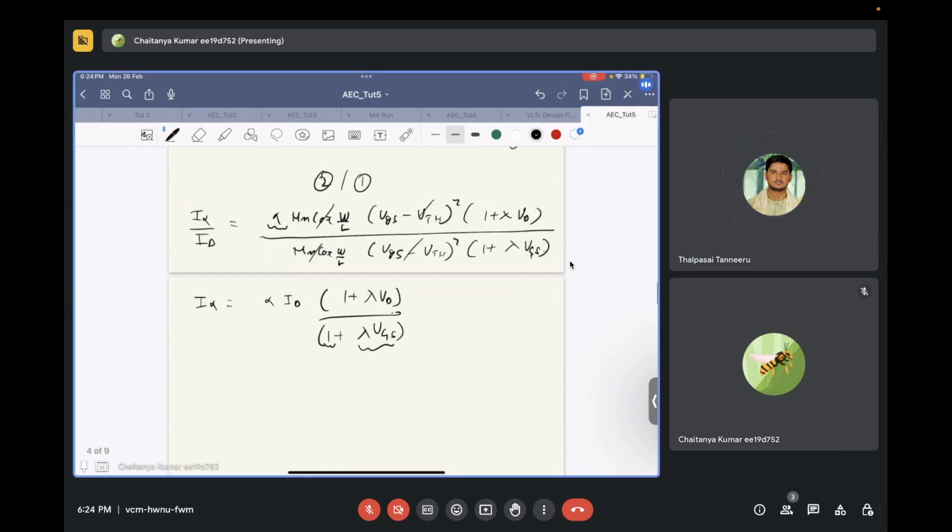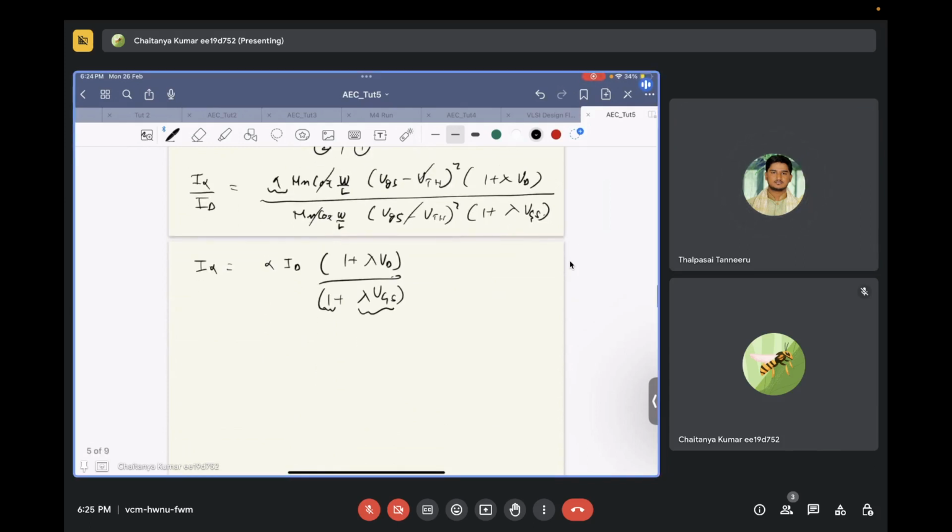So in very small terms, let's say you have studied binomial expansion, right? Yes, sir. So if there is 1 plus alpha to the power n, what can this be written as?